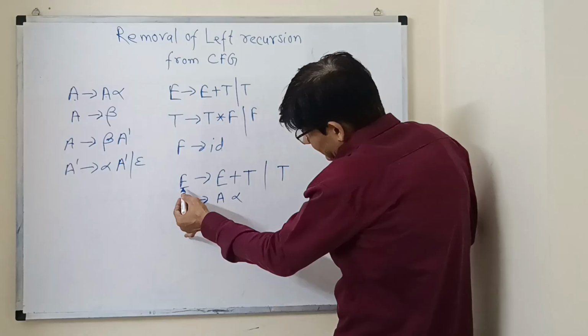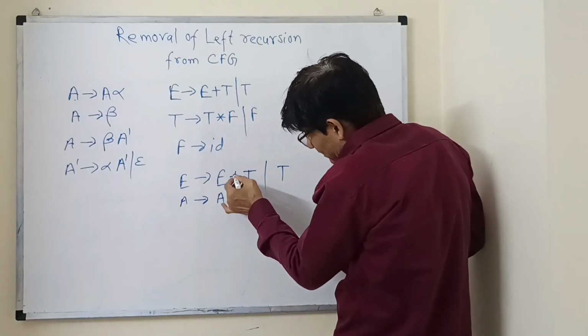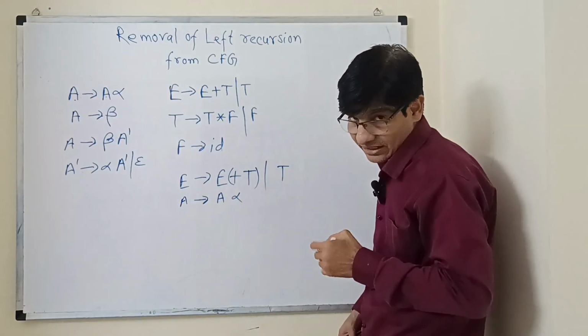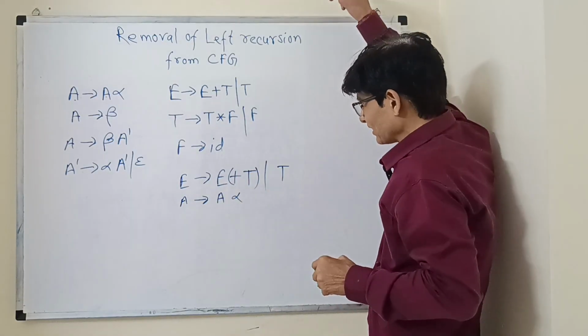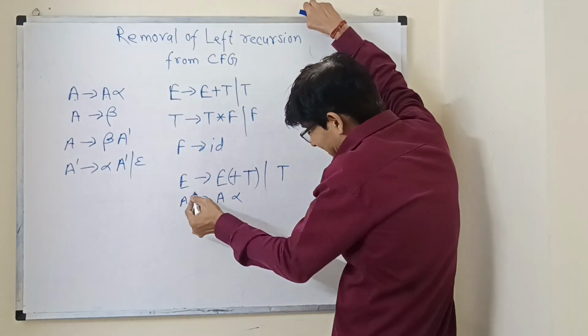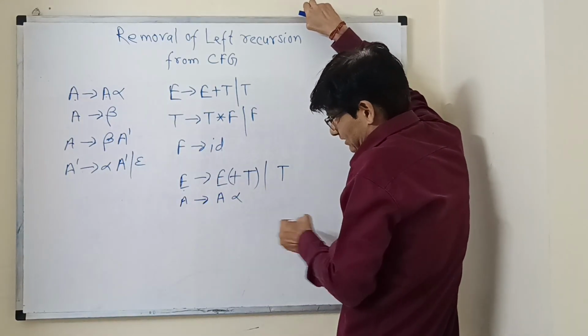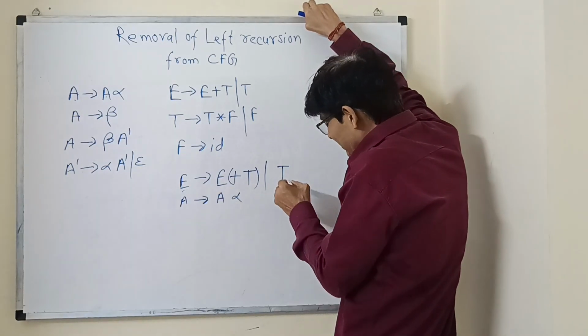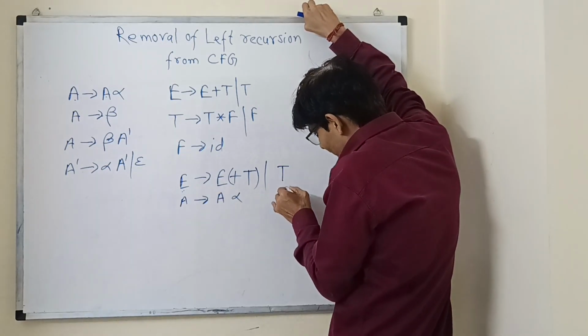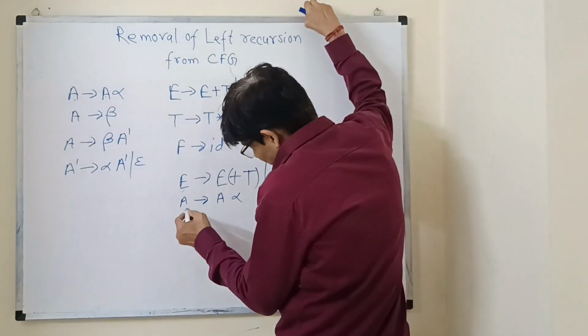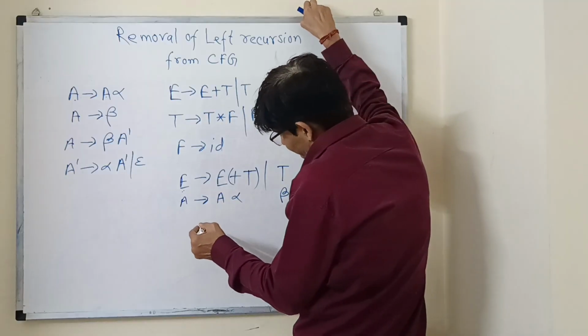Alpha here is plus T. And we can consider A gives beta, which is the non-recursive production. Beta here is T only. Now you can write it like this.